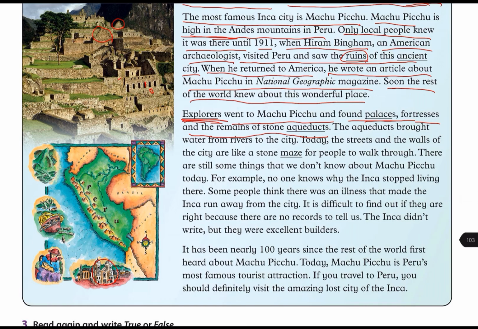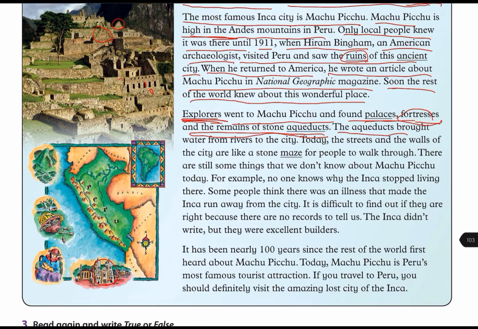Palaces are big buildings where a king or president lives. Fortresses, we explained it. We said it's a big building that's hard to attack. And the remains of stone aqueducts. What's aqueducts? An aqueduct is a bridge that carries water. In that time, there were some bridges that carried water. Good.